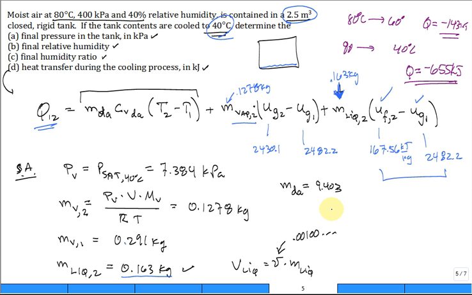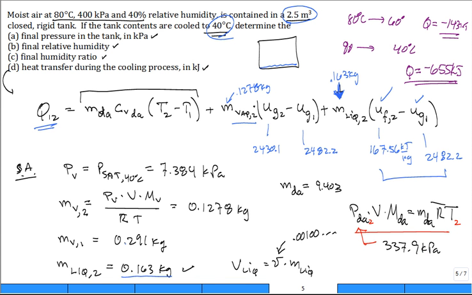The partial pressure of the dry air times the volume of the tank times the molar mass of the dry air is equal to the mass of the dry air times R bar T. So you can calculate using the ideal gas equation the partial pressure of the dry air at state 2, at T2. And you calculate the partial pressure of the dry air is 337.9 kPa.